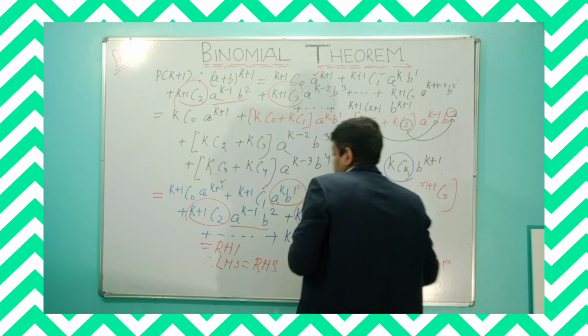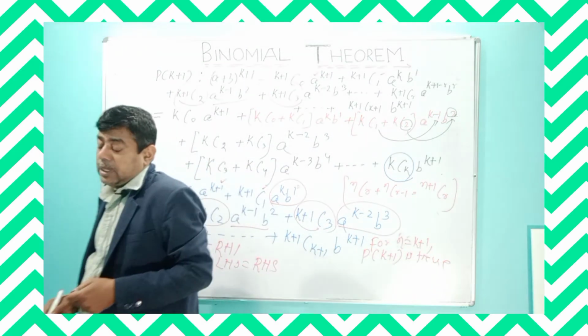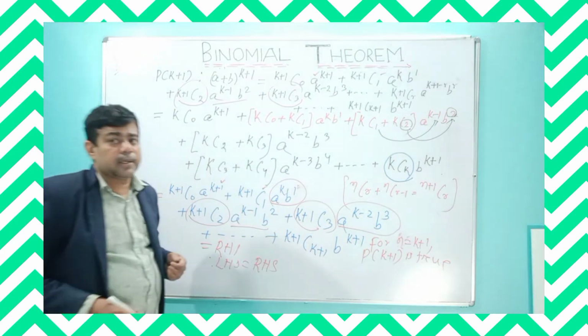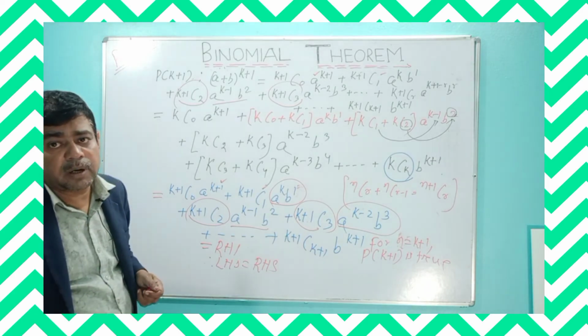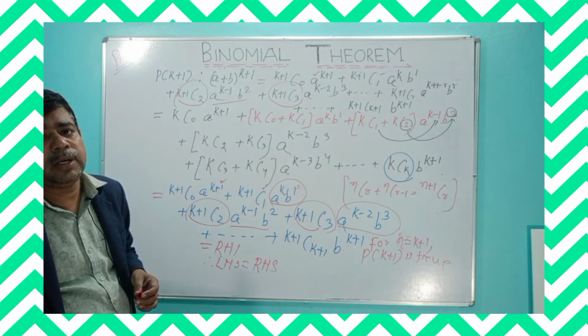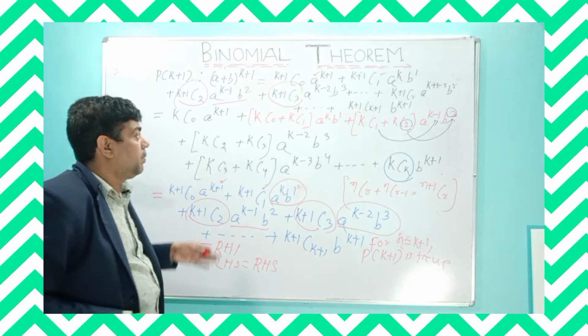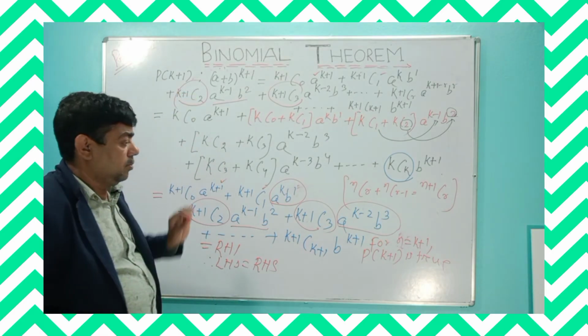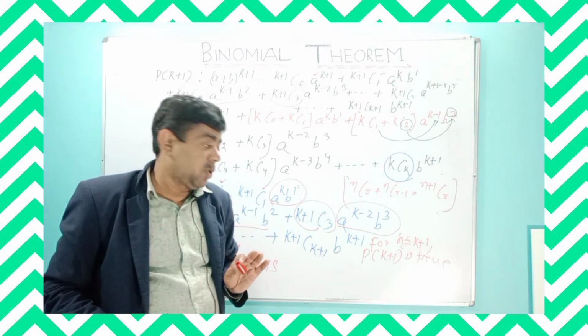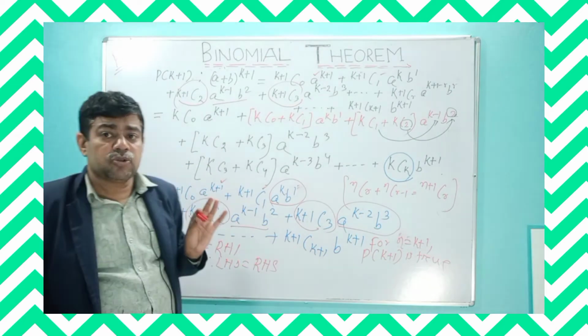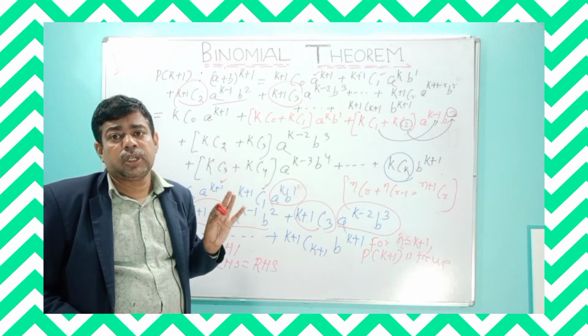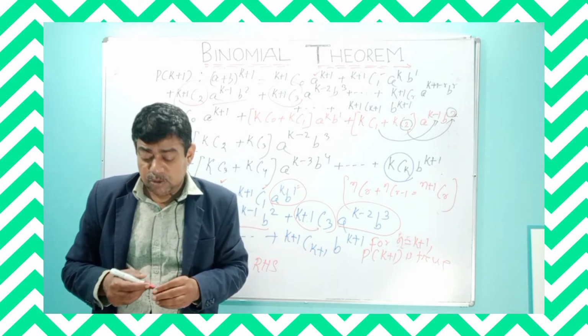Understand? Okay. So that is the very vital principle of mathematical induction, one of the very important statements on how to verify and prove a statement. Since for n equal to K plus 1, P(K plus 1) is true, the given statement is true.